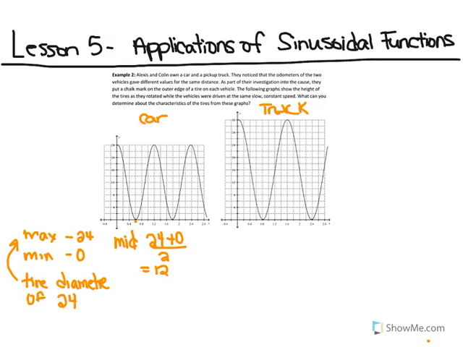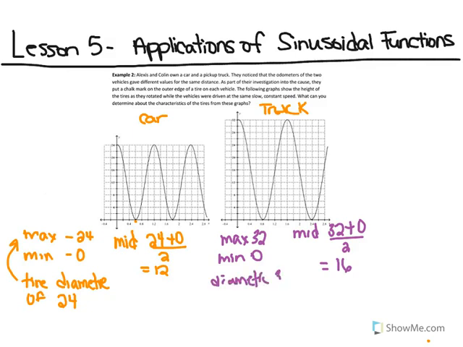It also tells us that the middle of the tire is at 12. For our second one, our maximum is at 32 and our minimum is at 0. We have our midline at 32 plus 0 divided by 2, which is 16. So again, the diameter for this is 32. The middle of the tire is at 16. That's where the axle is in the middle.